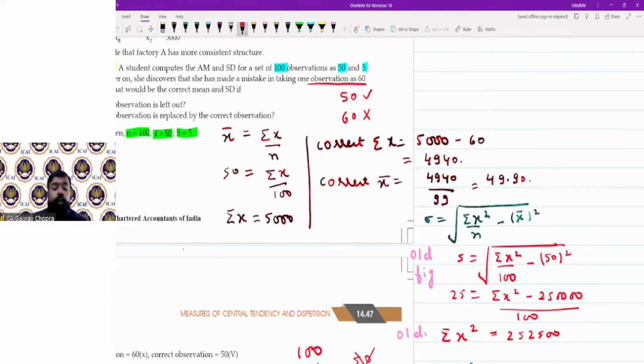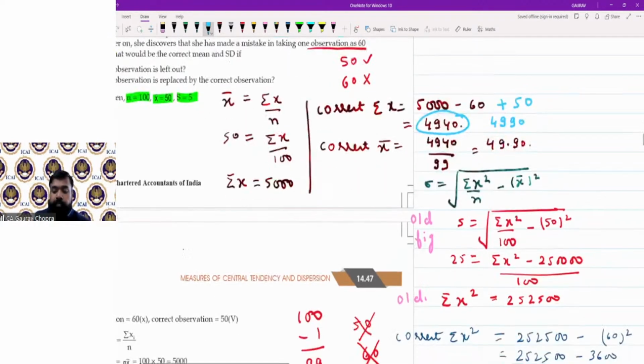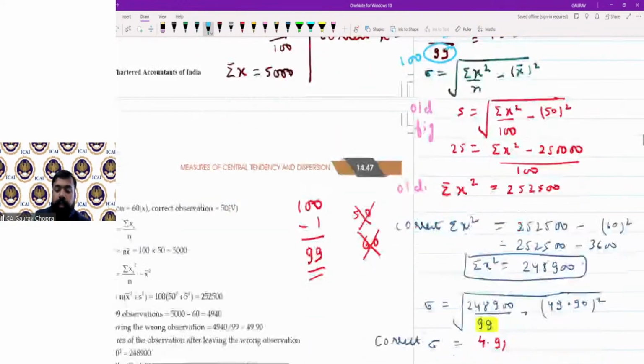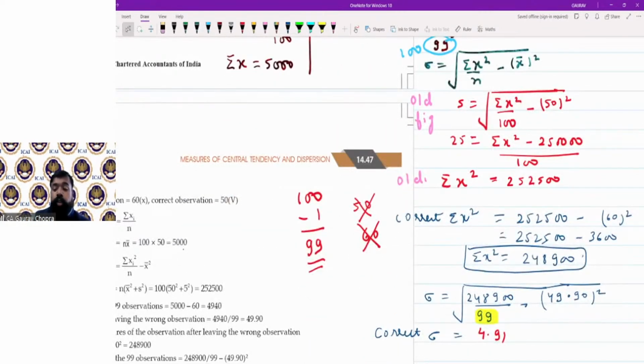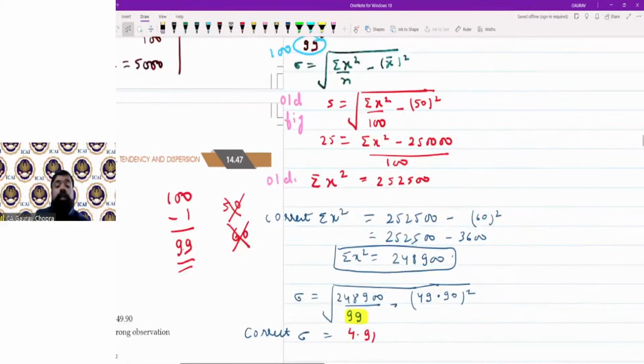Now, what correction should be made for the second part? Same question is there, but what we have to do is add the correct one. So for sigma x, we have to add 50 here. So the figure will change. It will become 4990. And overall, the number of observations will be 100. And then for correction of sigma x square, we will subtract 60 square and add 50 square.